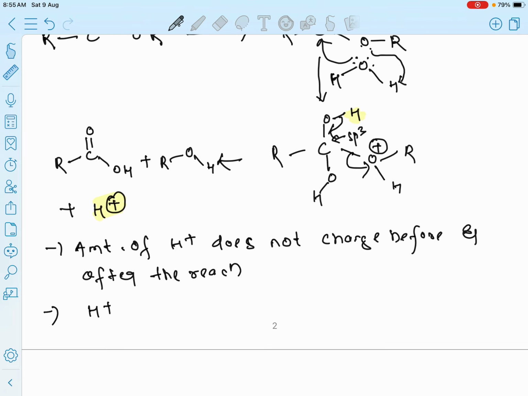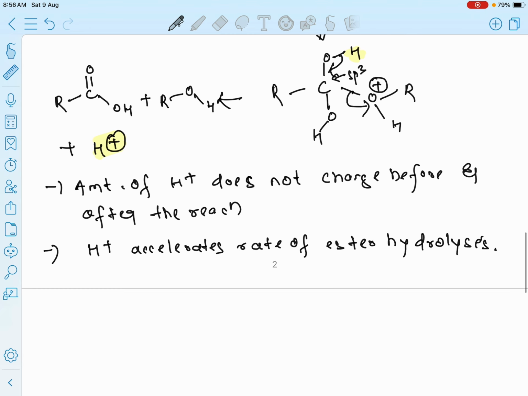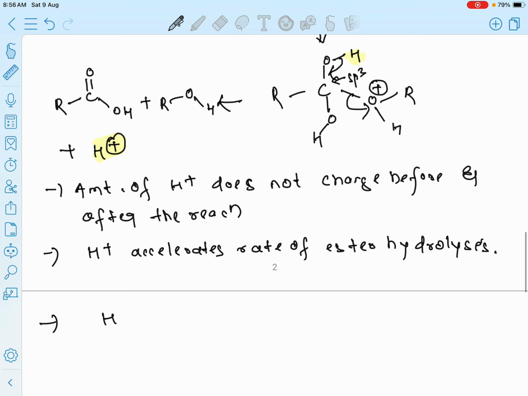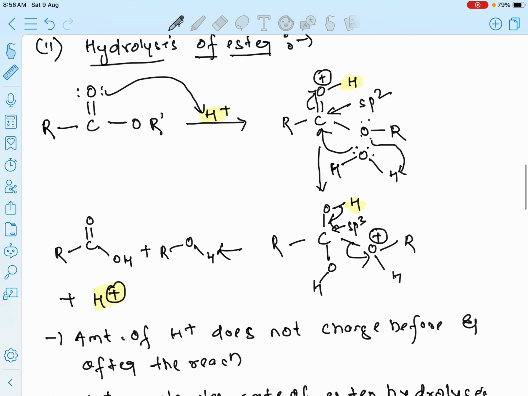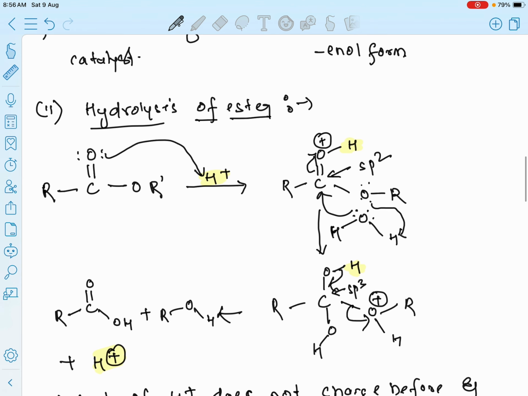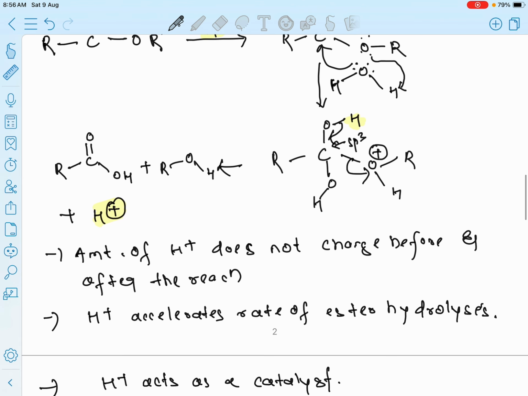Therefore you can say H plus accelerates the rate of ester hydrolysis, and therefore H plus acts as a catalyst here.